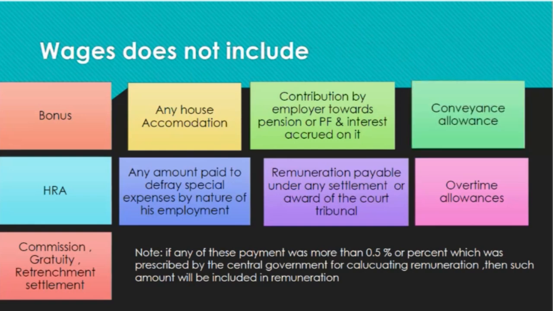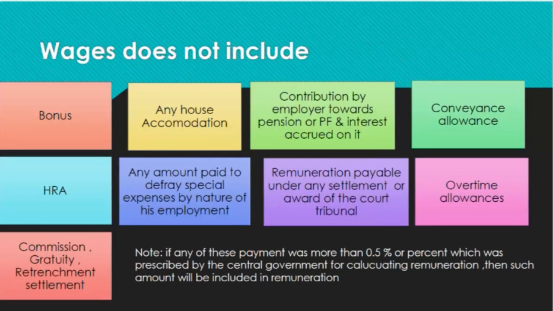Okay. So what is included in wages? Basic pay, DA, retention allowance, cash value of food concession, and any allowances greater than 0.5 percentage of my wages. Bonus, pension, PF higher than the limit fixed by the government, that will be included in my wages.